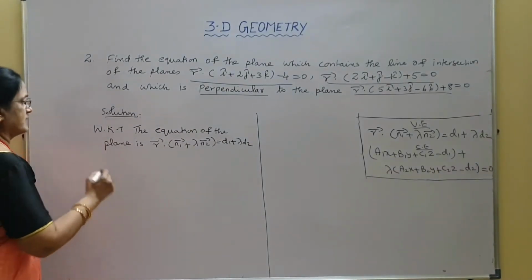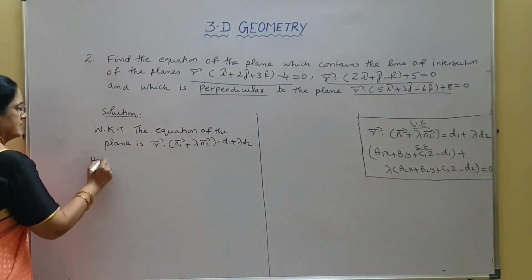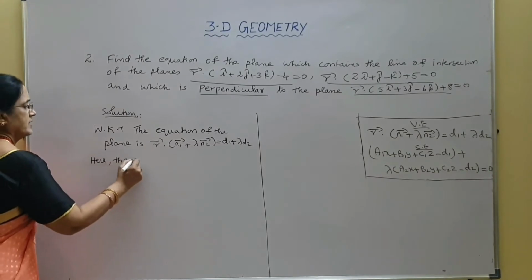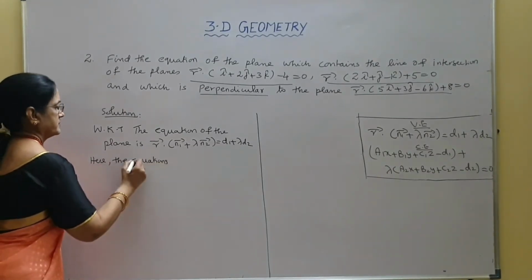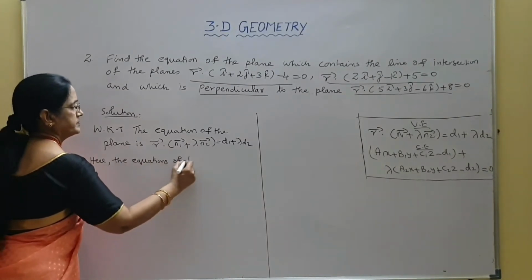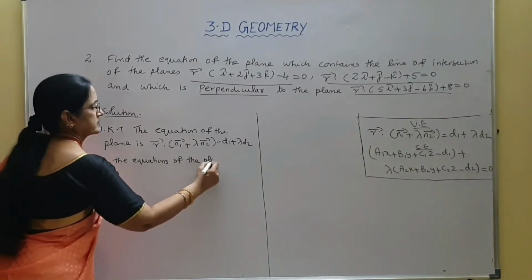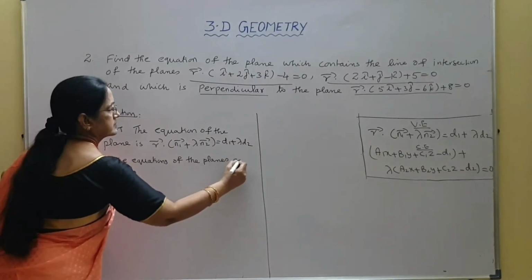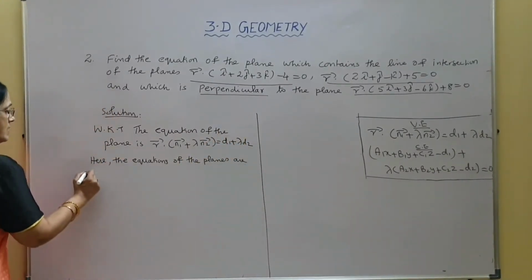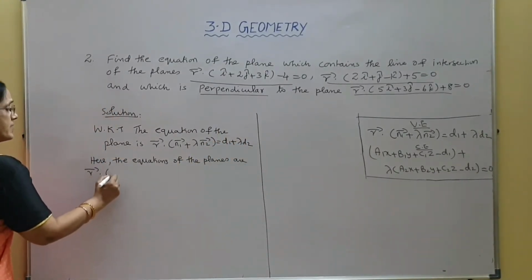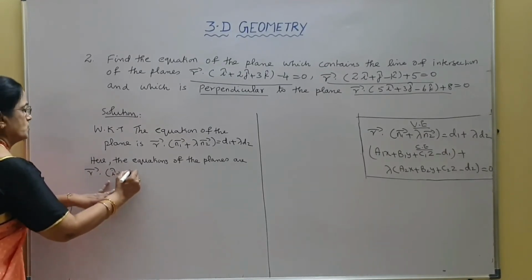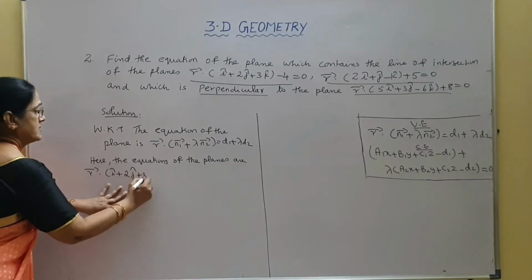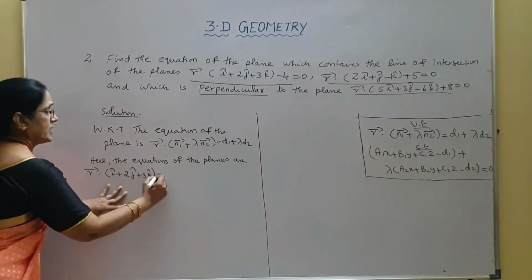Here the equations of the planes are r vector dot (i cap plus 2j cap plus 3k cap) equal to 4.